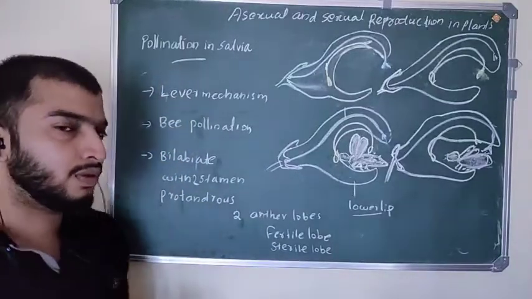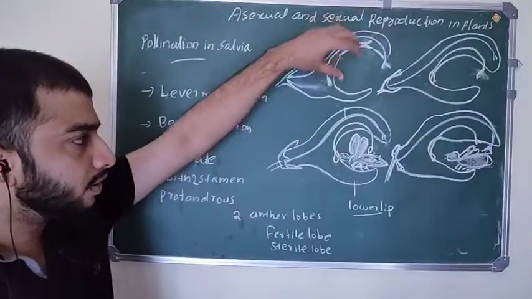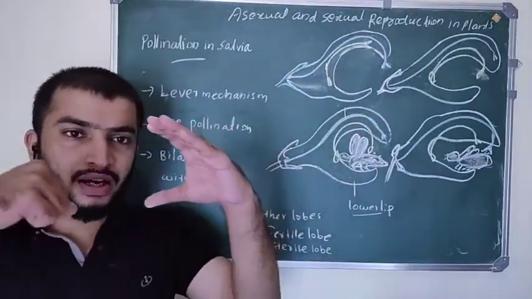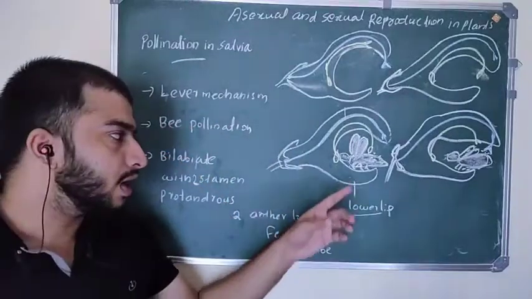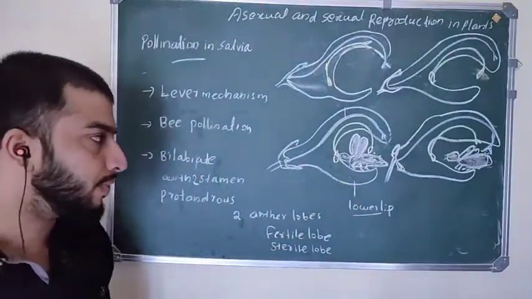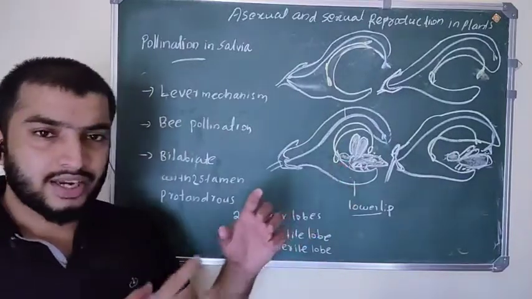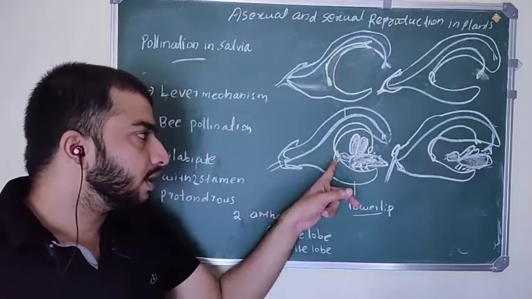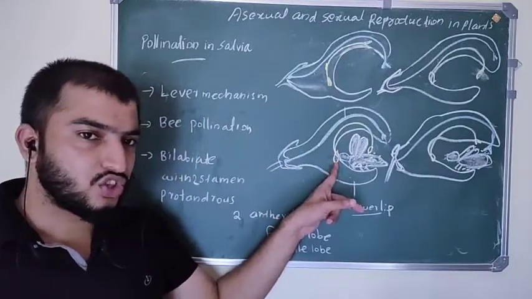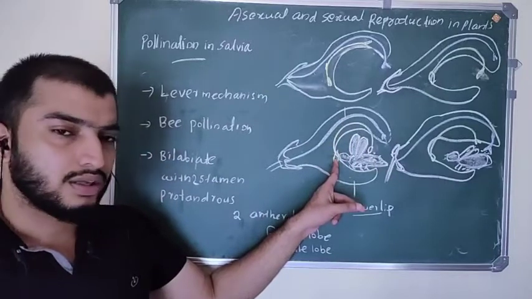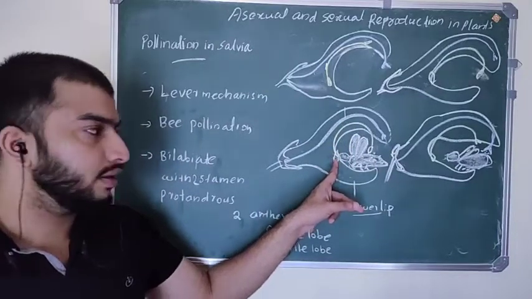So let's see. The bee enters this salvia flower and sits on the lower lip of the flower, and gets nectar from it. While getting nectar, they push or strike on the sterile end of the anther.